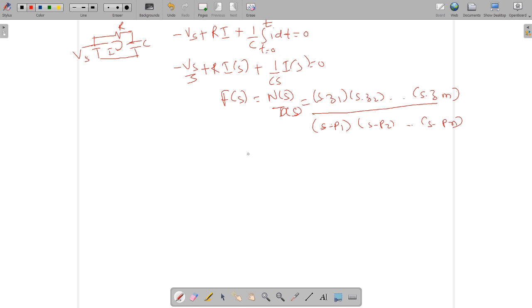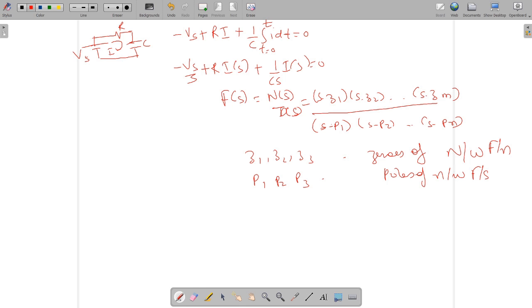Now, in this case, z1, z2, z3 are the zeros of the network function. Similarly, p1, p2, p3, and so on, are the poles of the network function. In this case, there will be two terms, that is the zeros and the poles.